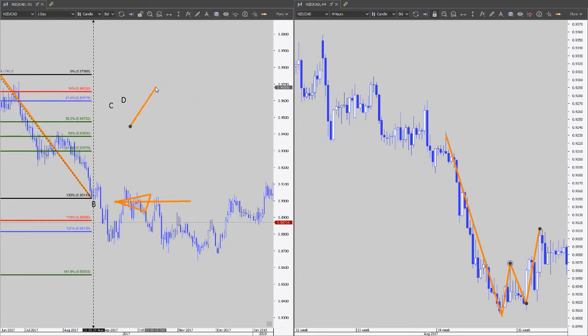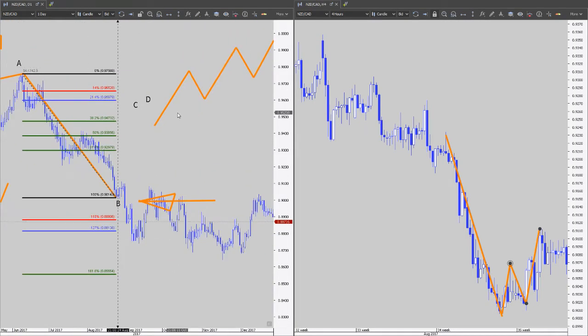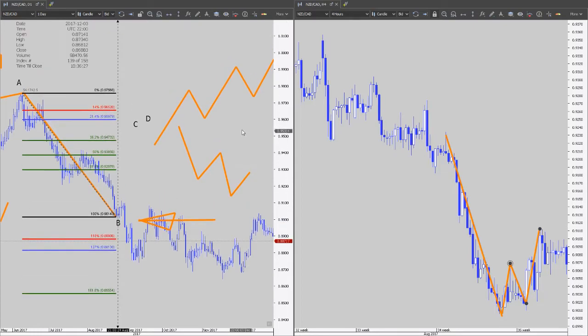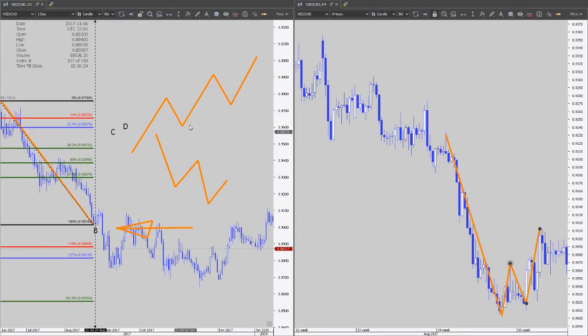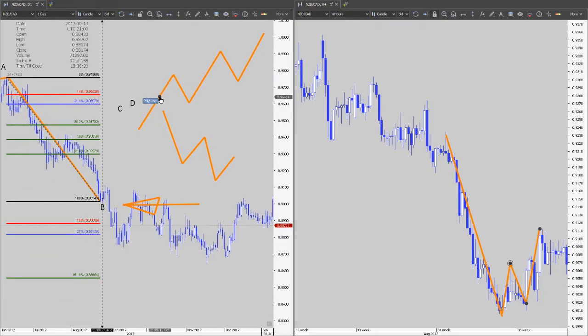In an uptrend, extension, retracement, extension, retracement, extension. Right? Now we are in a downtrend. Extension, retracement, extension, retracement. Right? What are those extension and retracement? Are trends or are structures, everybody?